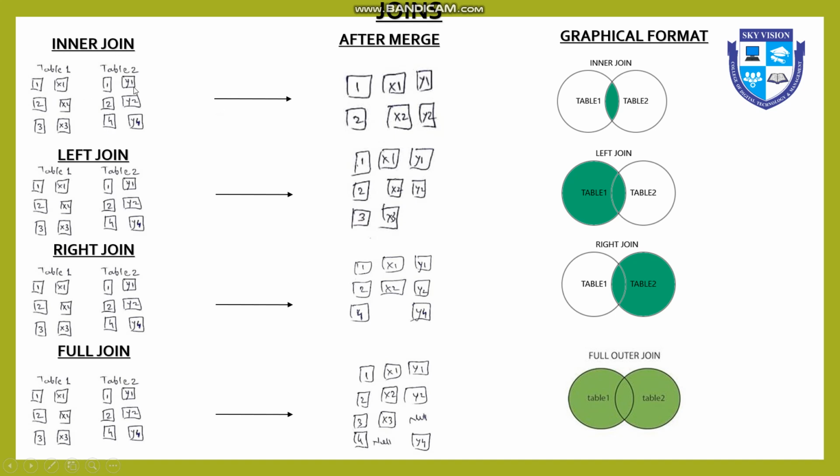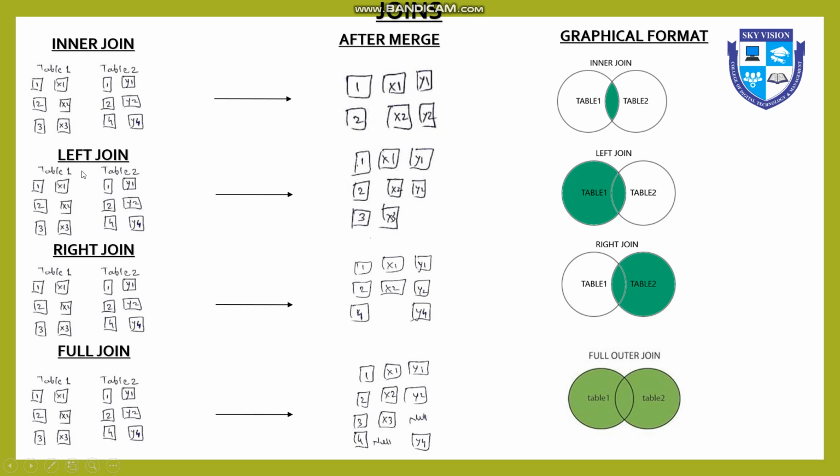Likewise y1 is present for 1 and y2 for 2, so the output will be 1 and 2, x1 y1, x2 y2. This is what we call the inner join. Inner join means when I combine two tables and have similar data, only that will be present.